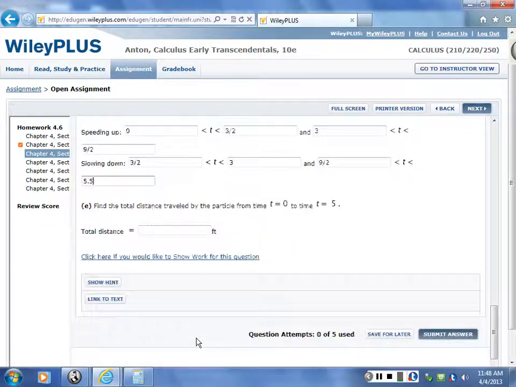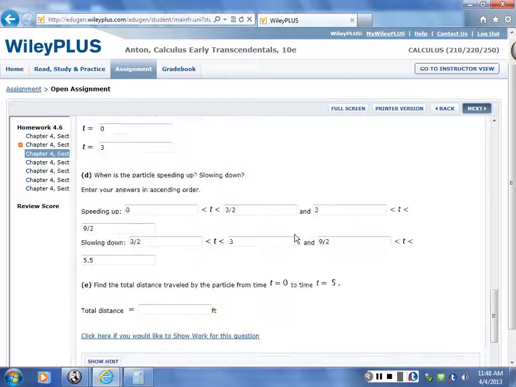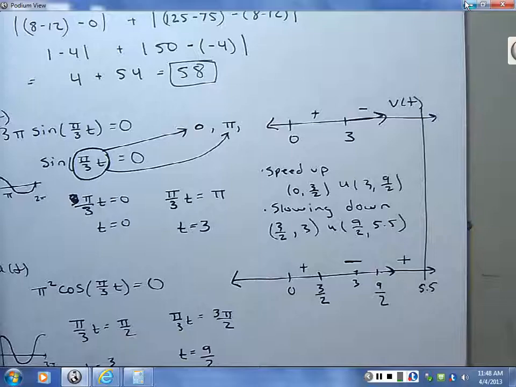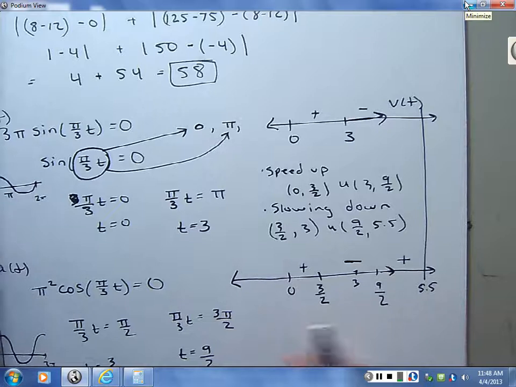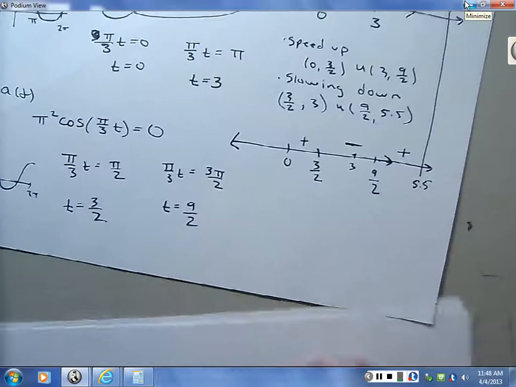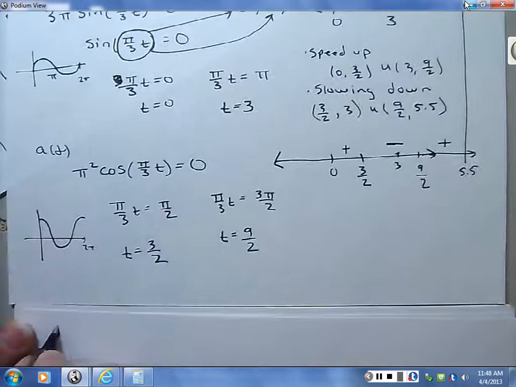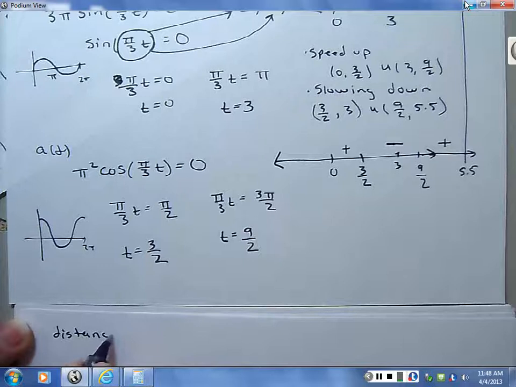Find the total distance traveled. So from 0 to 5. Do I have any zeros from 0 to 5? Pi, right? Pi is in there. So I'm looking at the total displacement from 0, or the total distance. Go ahead on the next page. I have distance given the position function.